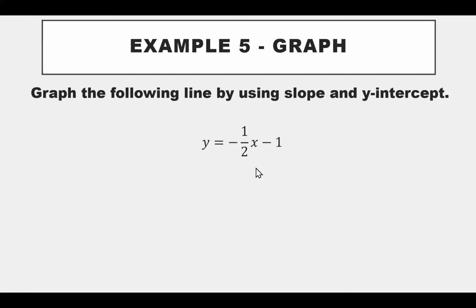Let's do another example. Here we have example 5, which asks us to graph y equals negative 1/2 x minus 1 using the slope and the y-intercept. You can push pause on the video if you'd like to try this one on your own.